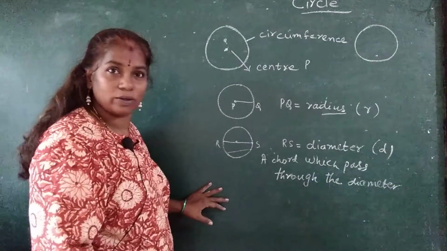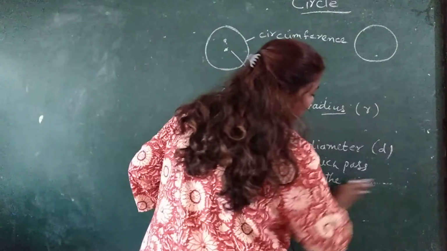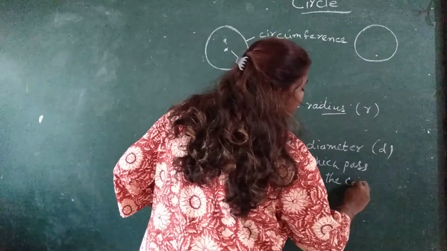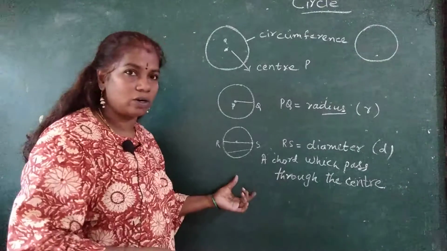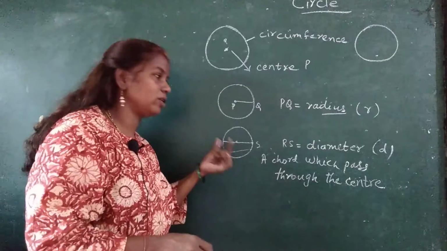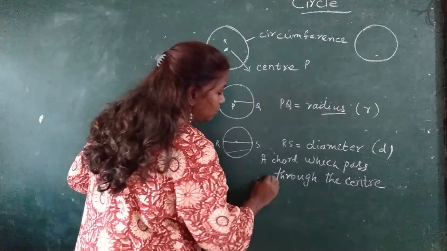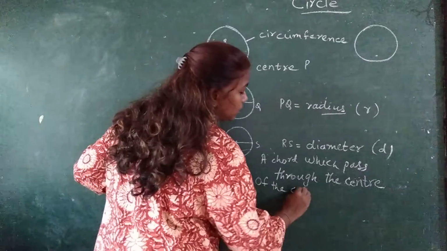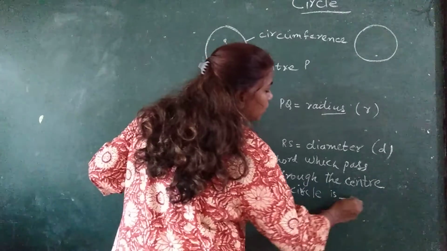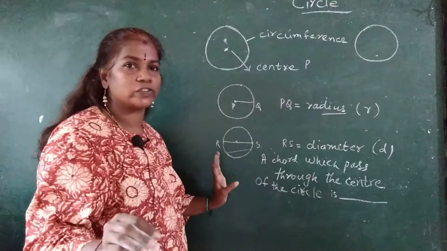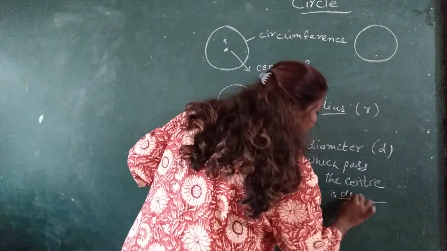Diameter? No. Then what? Passes through the center. C-E-N-T-R-E. Okay. A chord which passes through the center of the circle is called what? Dash. Diameter.